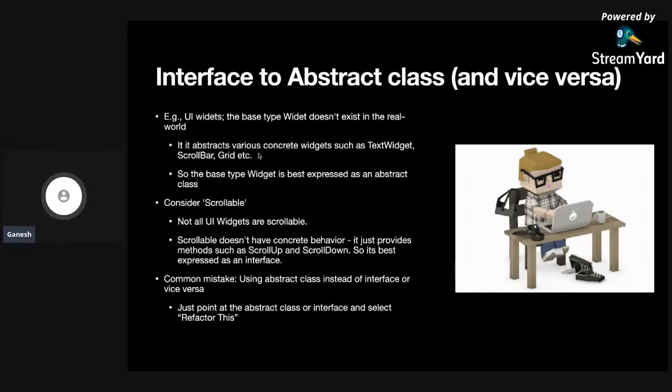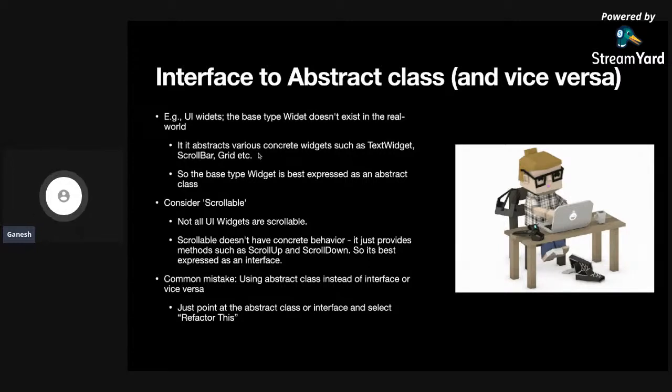If you're creating a base class out of the existing concrete widgets, then it's best to make it an abstract class, because it's a generalization of the specific components or widgets that are out there. And it is not proper to make widget an interface.